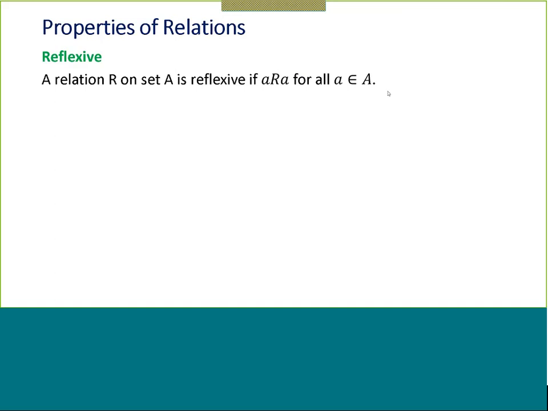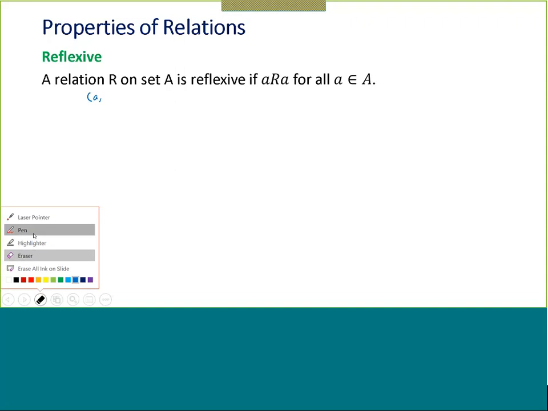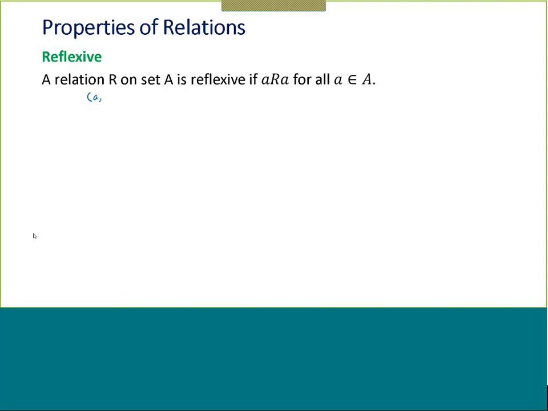Now, what does this mean? I'm going to put it in the three ways that we represent a relation. First, it means all of your ordered pairs (A, A) are inside of your relation, for all A. So that's the relation as ordered pairs.